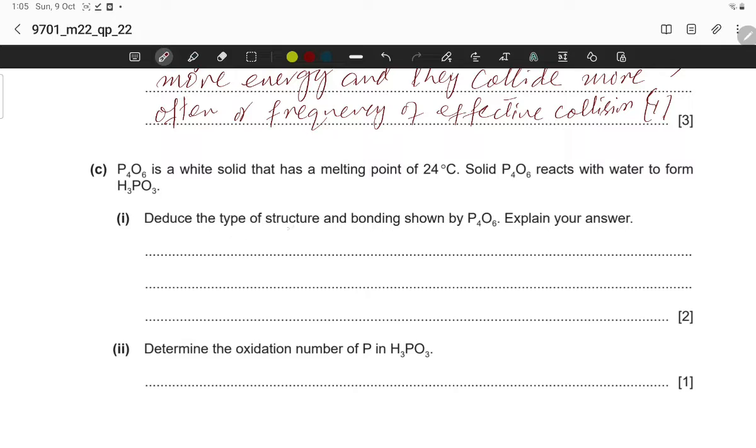Explain your answer. The structure is a simple molecule. P4O6 is a simple covalent molecule.